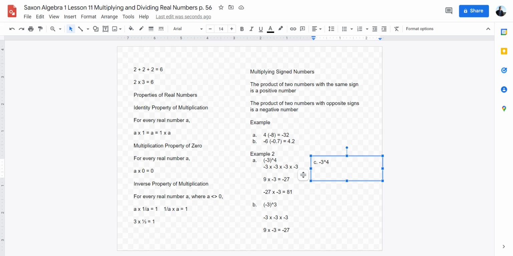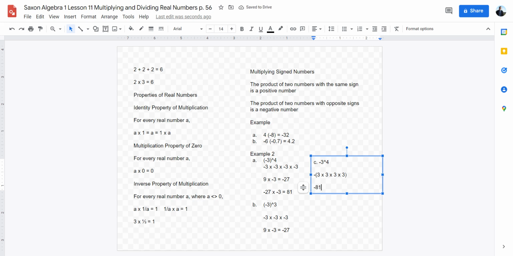So that means I have to do 3 to the fourth first and then apply my negative. So this is going to be 3 times 3 times 3 times 3, 3 to the fourth. And then it's like I have that and then a negative on the outside of the parentheses. So whatever the value of 3 to the fourth is, it's going to change its sign at the end and become negative. In this case, 3 to the fourth we know is already 81. This is going to be -81.